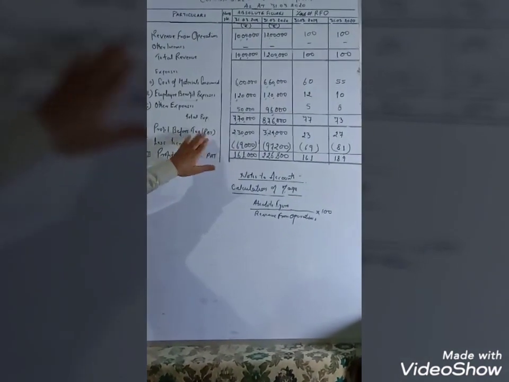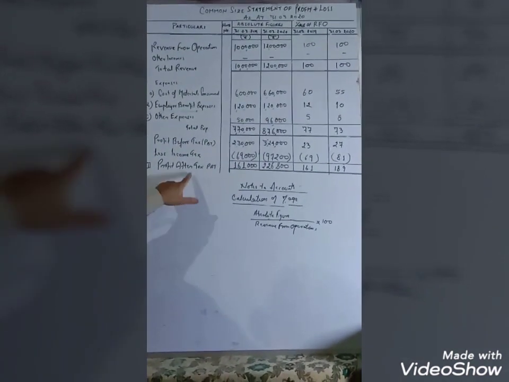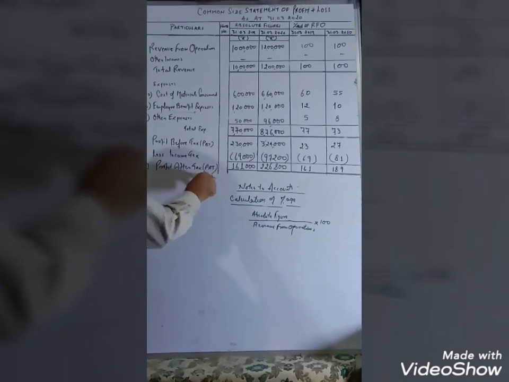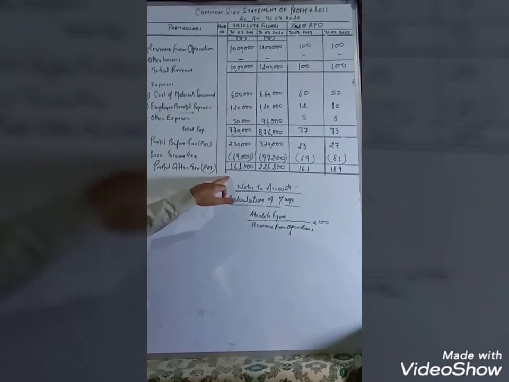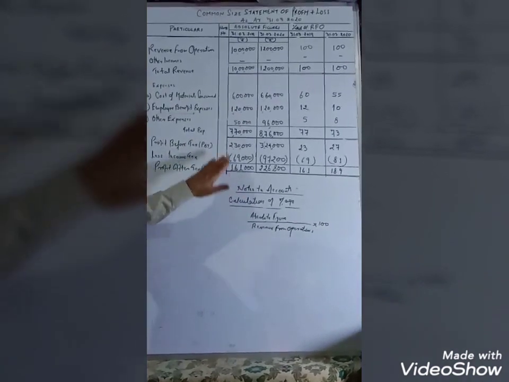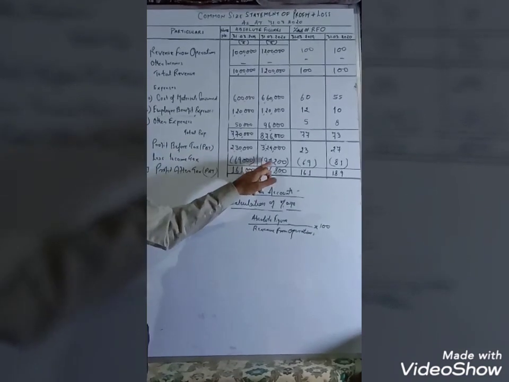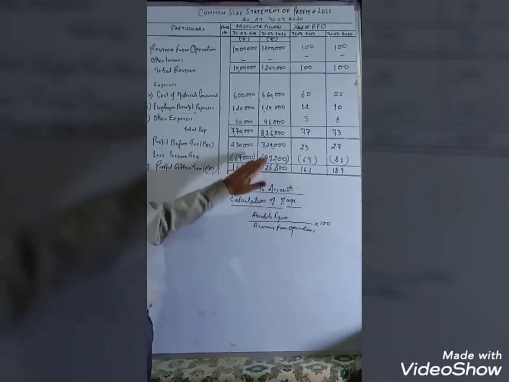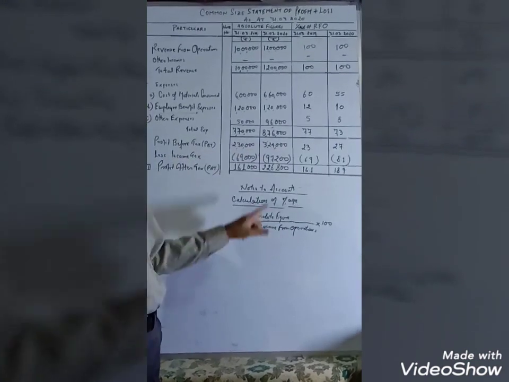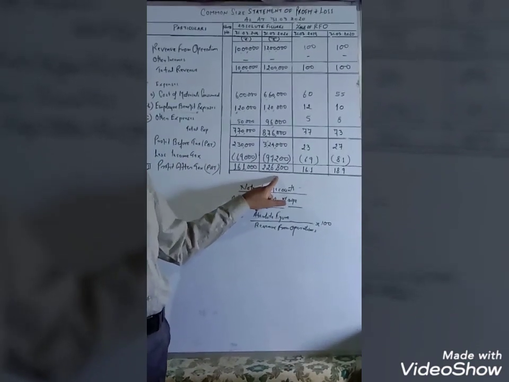After deducting income tax from profit before tax, we arrive at profit after tax, popularly known as PAT. That means after deducting 69,000 from 2,30,000 we get 1,61,000, and 97,200 deducted from 3,24,000 gives 2,26,800. This is profit after tax.